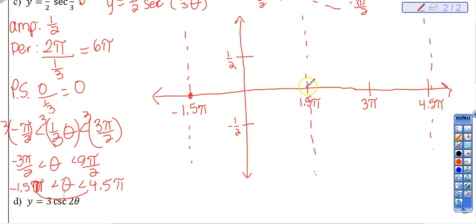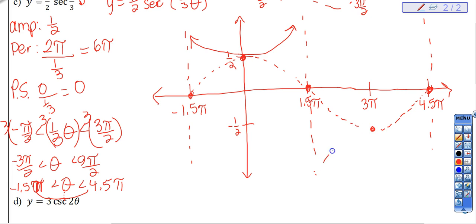Here my zeros are at the asymptotes of my cosine wave. So those are my zeros. And then this will be a maximum point. This will be a minimum point. So just a sketch of the cosine wave so that I can use its reciprocal to get one full cycle of my secant. So we're going to take and draw the reciprocal and approach your asymptotes.